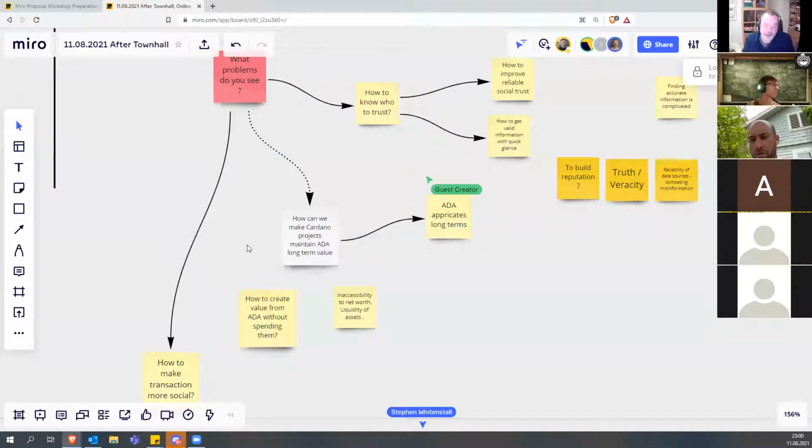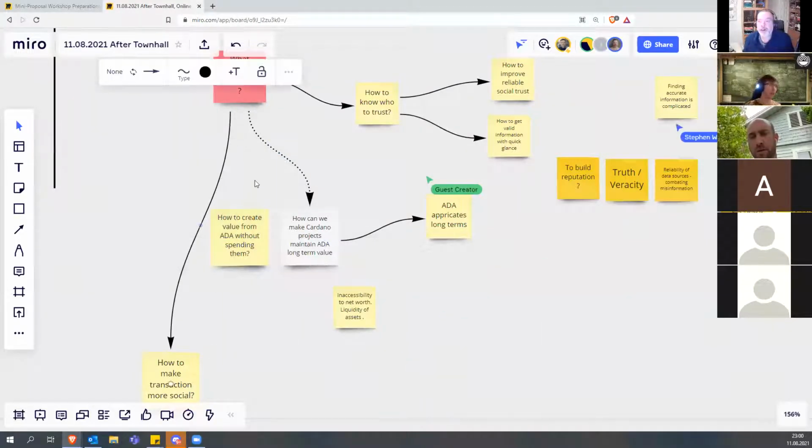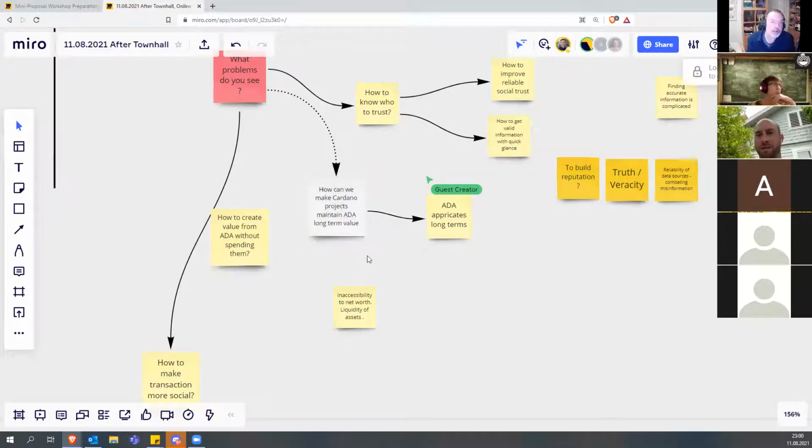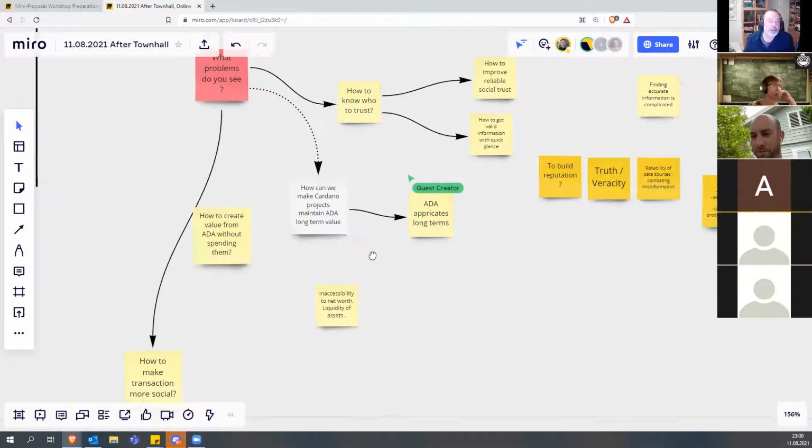Thank you. But what I hear from here is actually the problem you're trying to solve is not that you want people to hold the ADA long term. You're still okay if they're spending it or using it, but you're trying to make it so that they make most value out of their ADA.